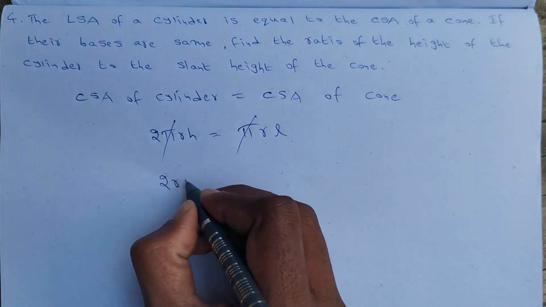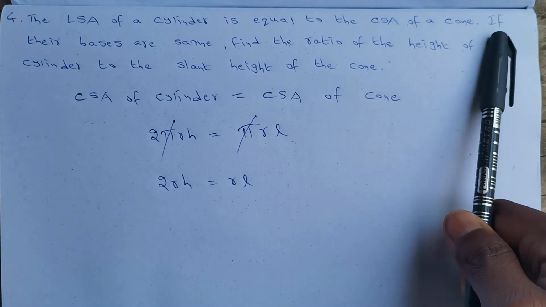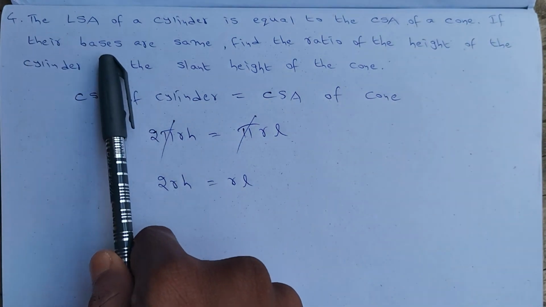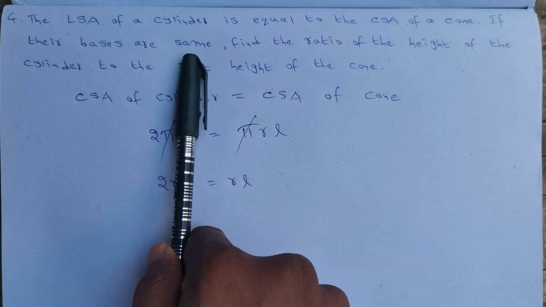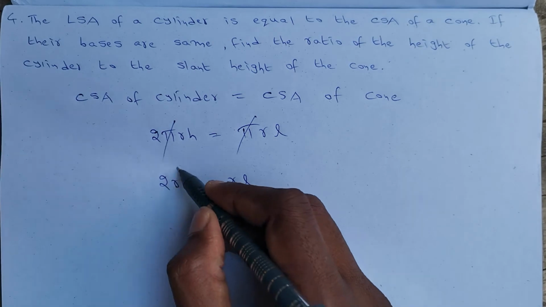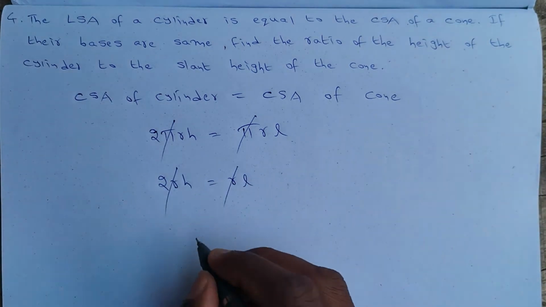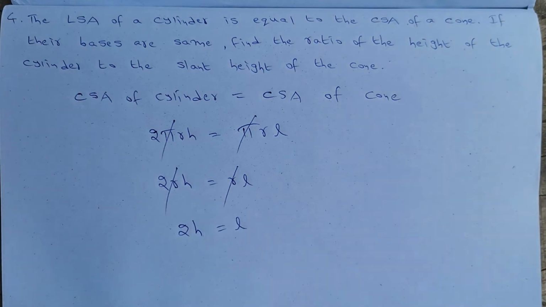So we remain with 2 RH is equals to RL. And here he gave clearly if their bases are same, it means both figures' radius is equal. So R will get cancelled. We remain with 2H is equals to L.